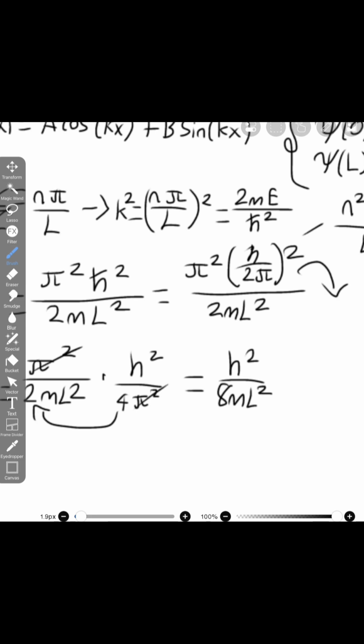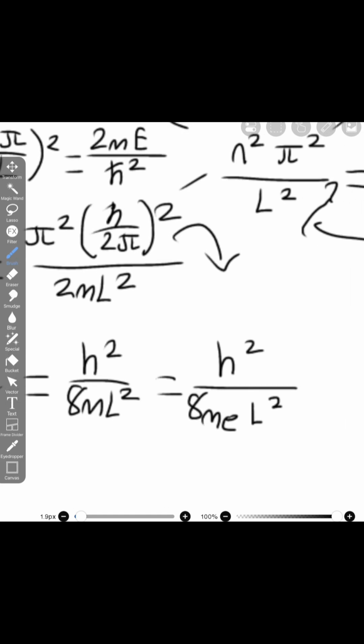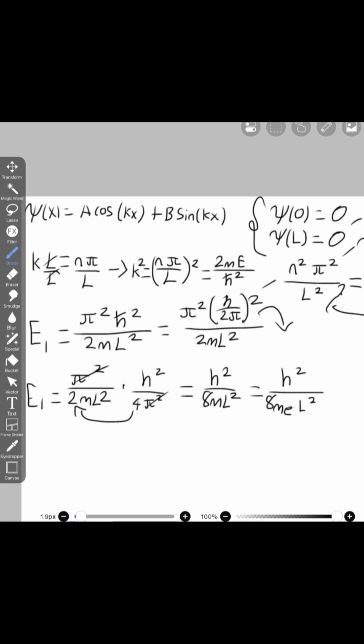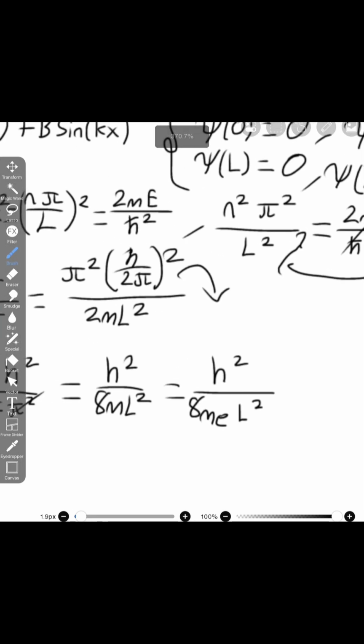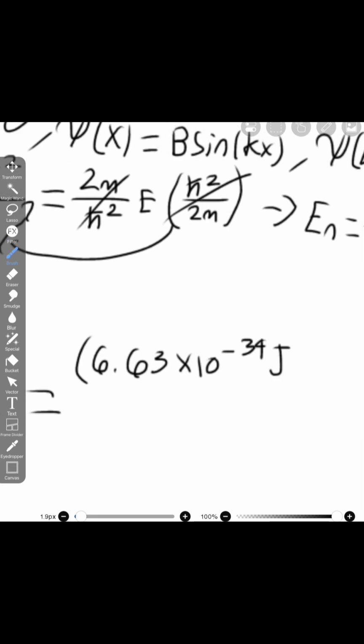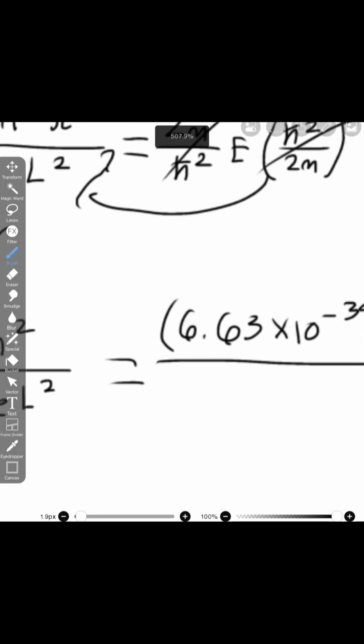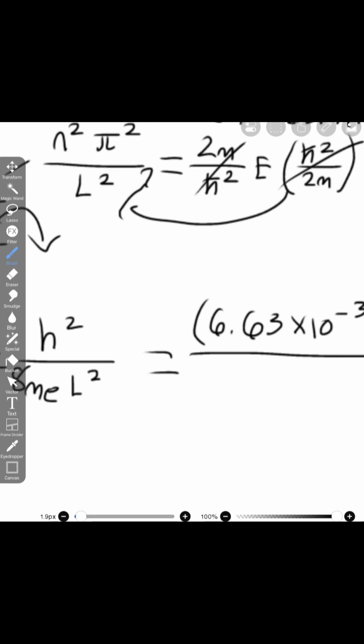And then the mass, well, that's just going to be 8 times the mass of the electron times our width squared. Okay, so let us substitute the given values: 6.63 times 10 to the negative 34 joule seconds, squared, all over 8 times the mass.